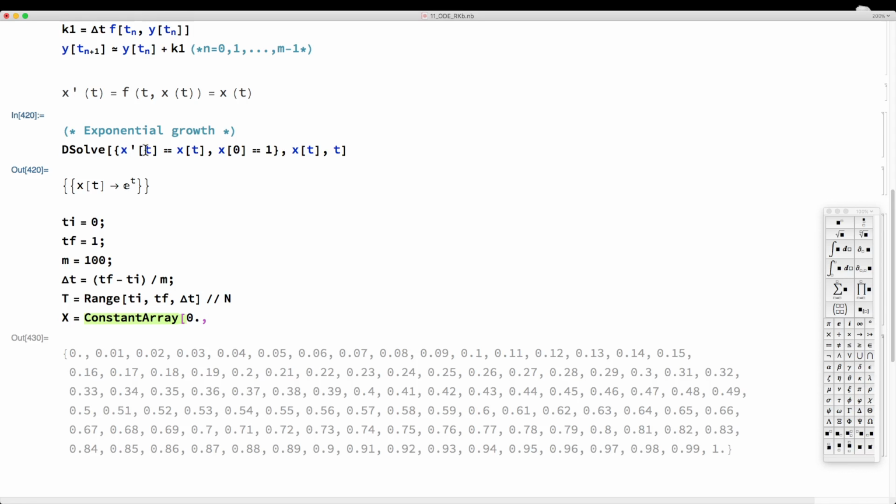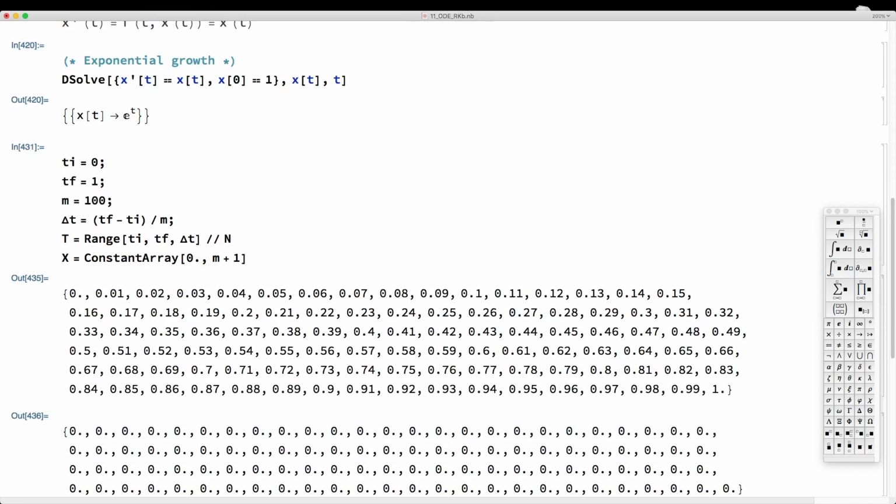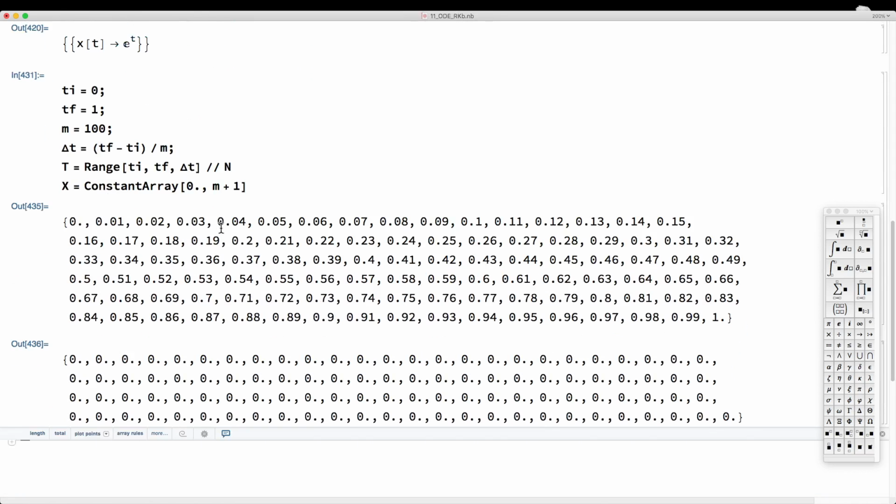So each value of t will have a corresponding value of x of t. So let's use m+1 here. And we need m+1, not m, because actually the number of steps is m+1, and we can check that they are the same.